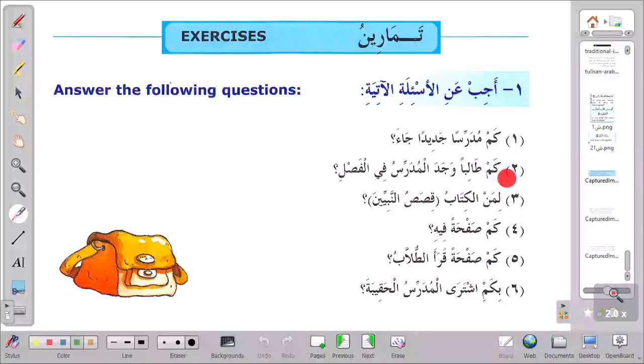The second one, كم طالبا وجد المدرس في الفصل. How many students did the teacher find in the class? If you can remember, they were 15, right? Or how many? Let me see, I can't remember very well.